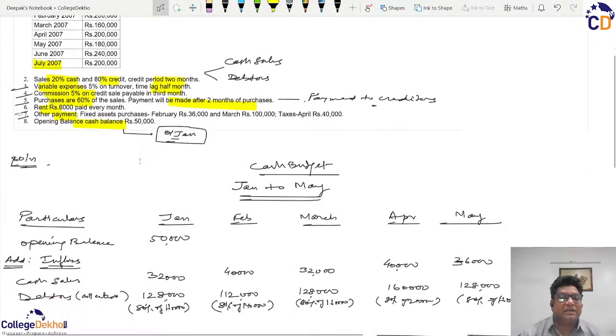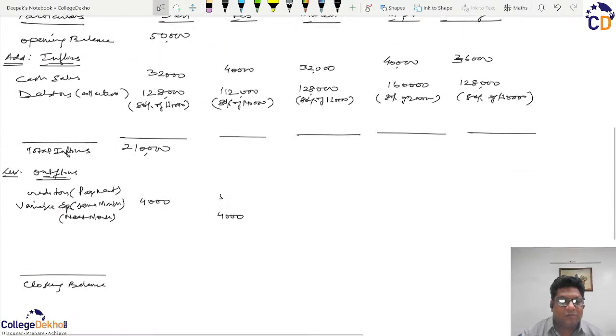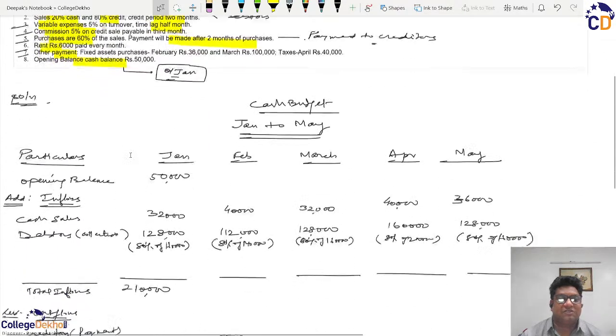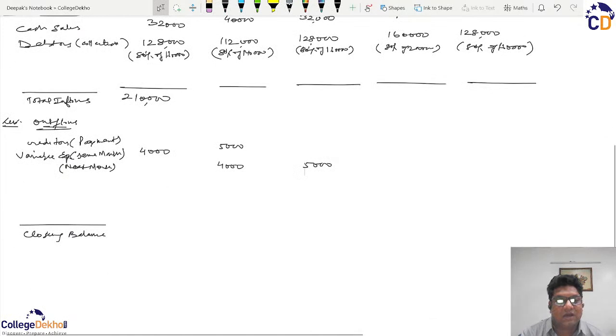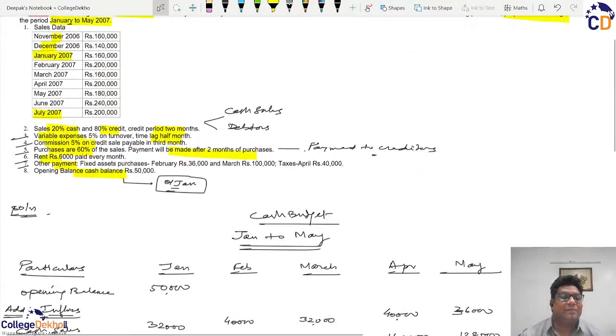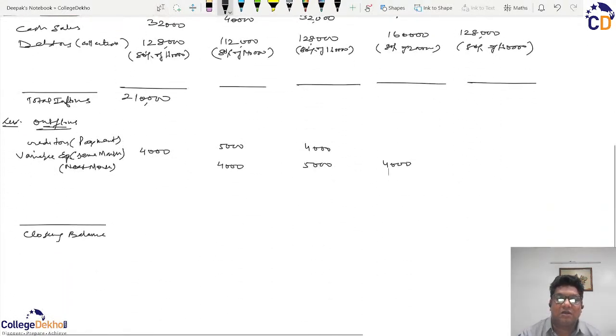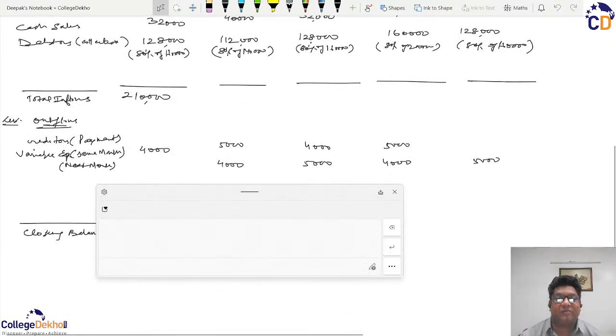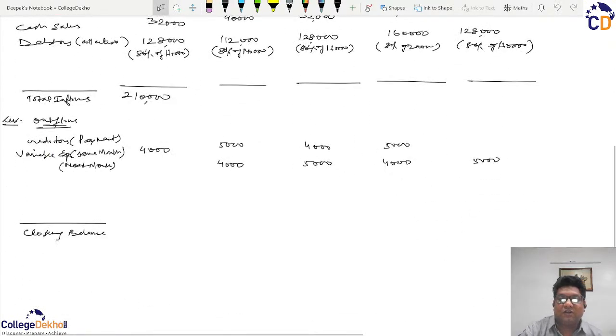सिमिलरली फरवरी की सेल 2 लाख का 5% 10,000, तो 5,000 फरवरी में पे होगा और 5,000 मार्च में पे होगा. नाउ मार्च का 160 है, उसका 5% 8,000, तो उसका आधा 4,000 मार्च में पे होगा और 4,000 अप्रैल में पे होगा. अप्रैल की सेल 2 लाख का 5% 10,000, तो उसका आधा 5,000 अप्रैल में पे होगा और आधा मई में पे होगा. और मई की सेल का 180 का 5% दैट इज 9,000, तो 4,500 यहाँ पे होगा और 4,500 जून में होगा, but that is not a part of our budget period.